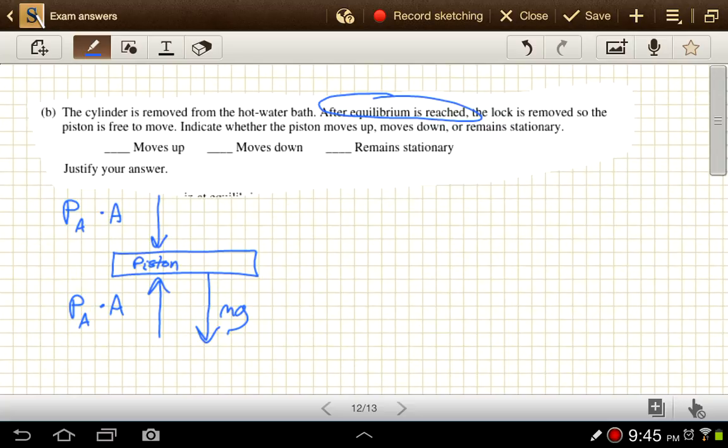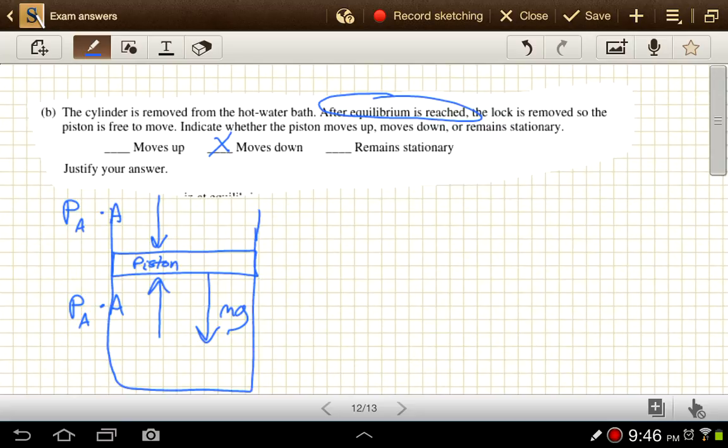So our piston is going to move down because the forces from the pressures are equal, but there's nothing opposing this pull of gravity until we move that piston down a little bit, and as it moves down, volume decreases, pressure is going to increase, so eventually we'll have more pressure inside the chamber, inside the cylindrical chamber here.